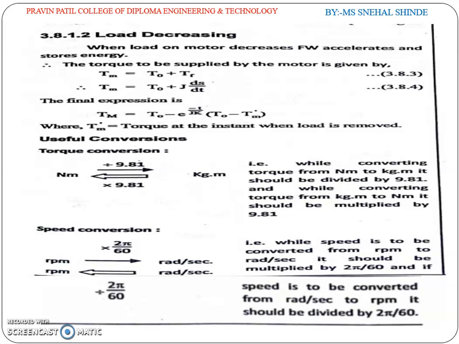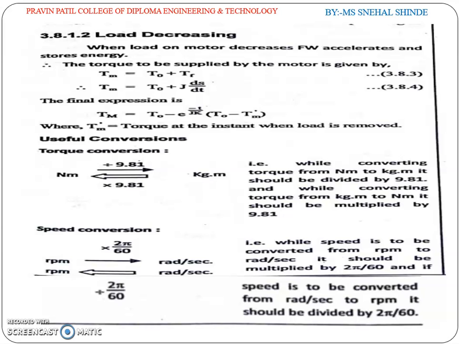Useful conversions: for torque conversion, Newton meter is converted into kg meter by dividing by 9.81, and similarly, to convert from kg meter to Newton meter, we have to multiply by 9.81. That is, while converting torque from Newton meter to kg meter, it should be divided by 9.81, and while converting torque from kg meter to Newton meter, it should be multiplied by 9.81.